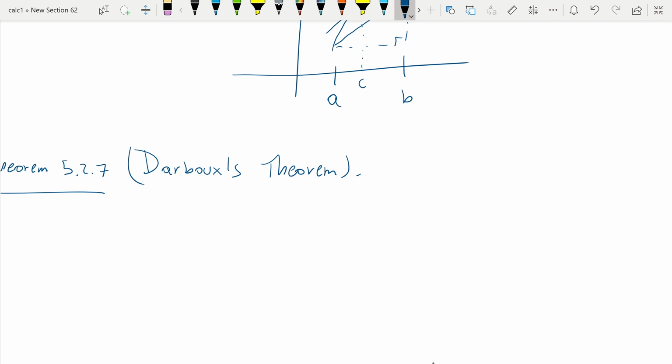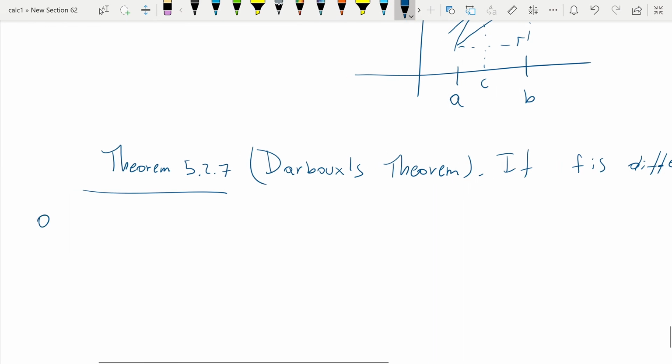It says that if f is differentiable on an interval, it says the closed interval in the book, but that's kind of wrong.